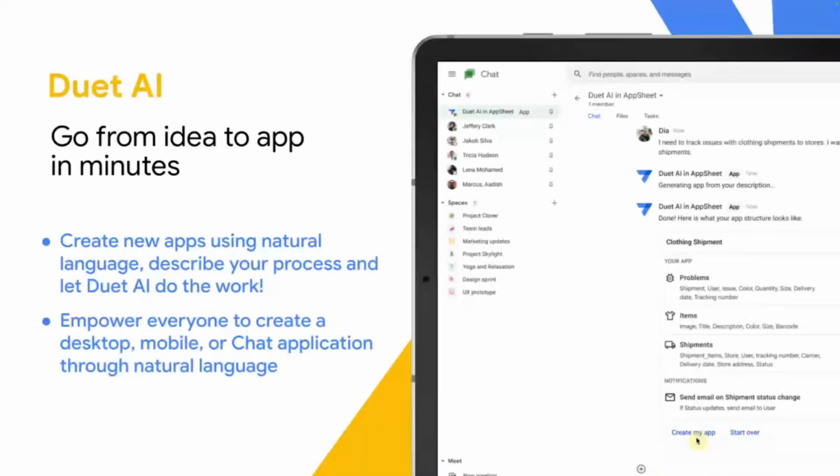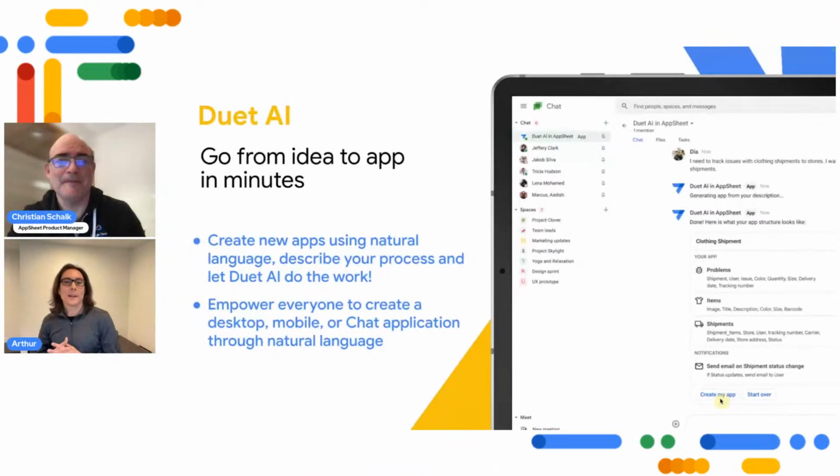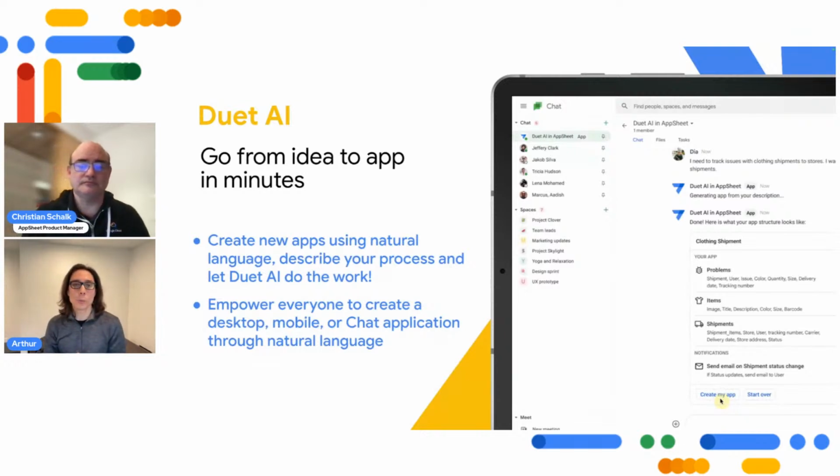Yeah. Thanks, Christian. So just so everyone's clear, Christian at the beginning showed you how with Duet AI, available through a Google Chat app, you're able to describe in your own words the app that you want to build, like the data that you want to keep track of in that app. And Duet AI is going to essentially start building it from scratch.